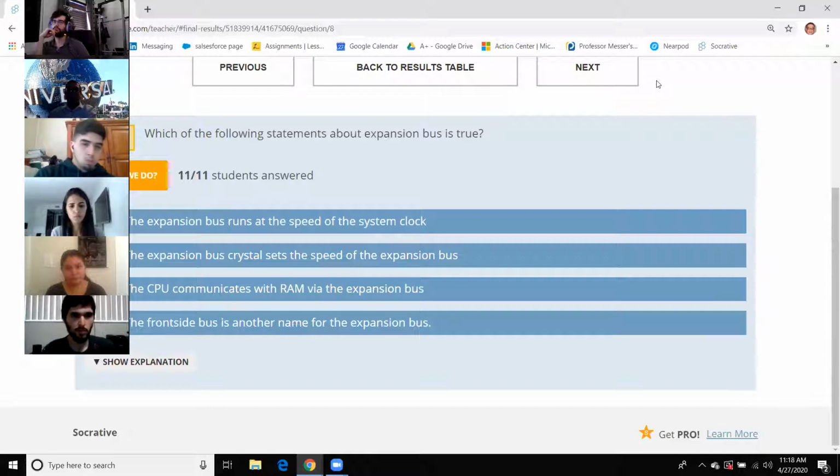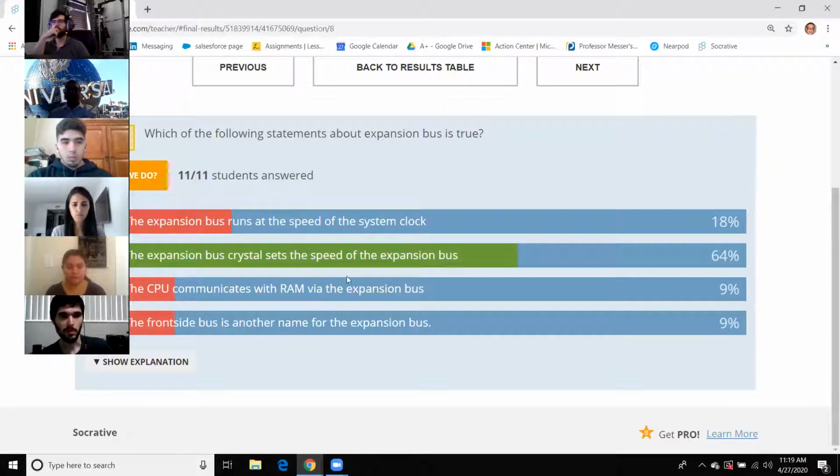DeAndre. Which of the following statements about the expansion bus is true? Is it B? The expansion bus crystal sets the speed of the expansion bus. Everyone agree? Yes.